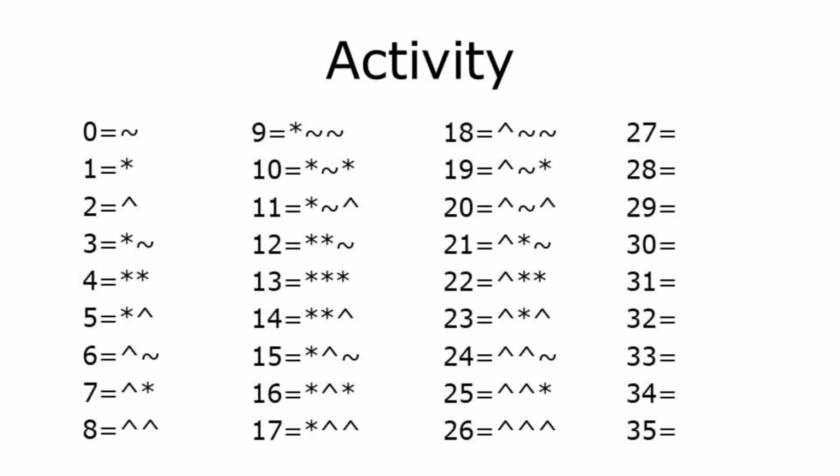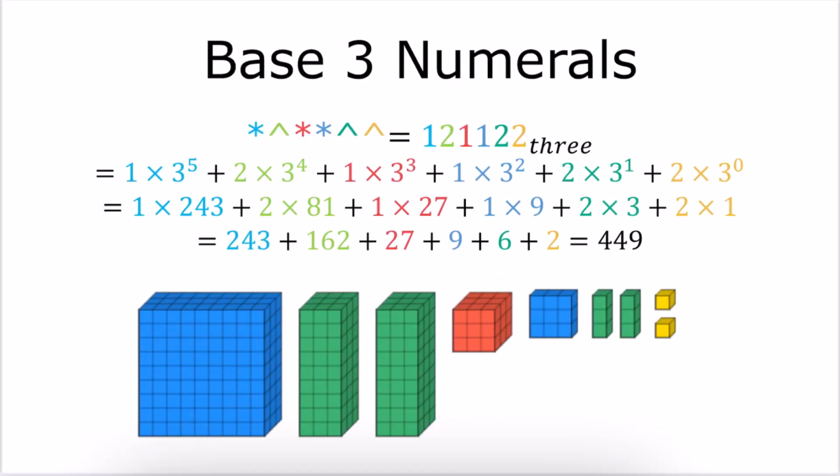So when we work in other bases, rather than coming up with new symbols, we're just going to use the regular symbols that we're already used to. But to designate that it's not our regular base 10 system and it's a different base, we're then going to use a subscript that says what the base is.